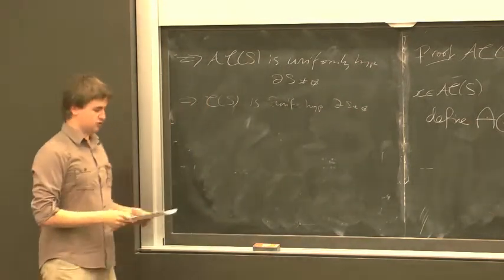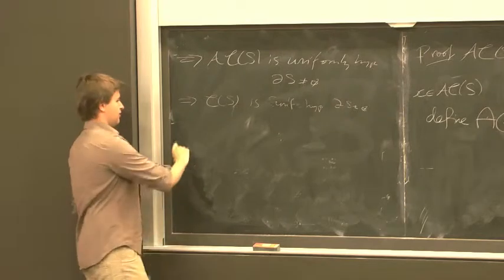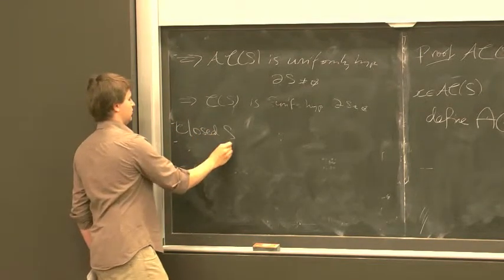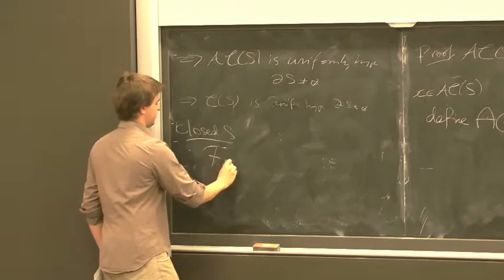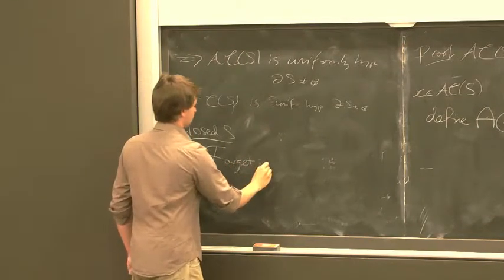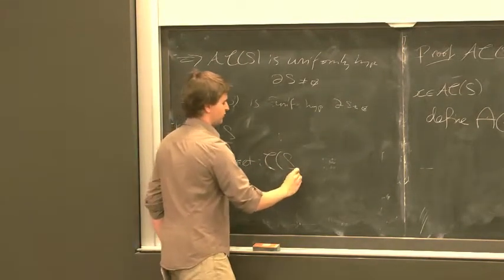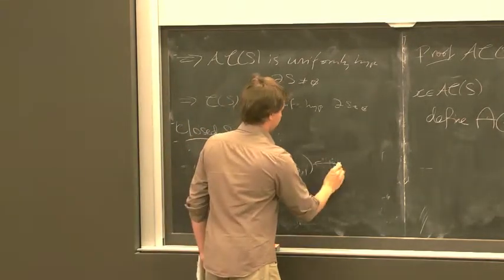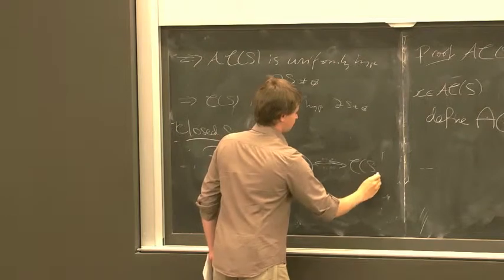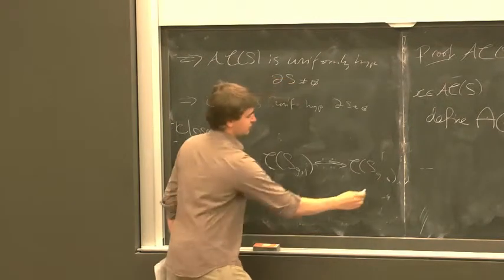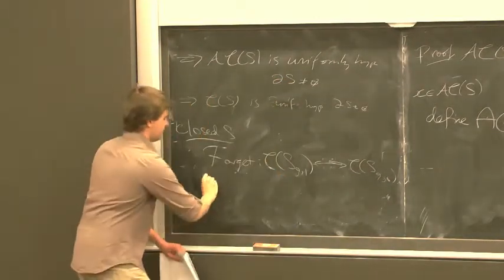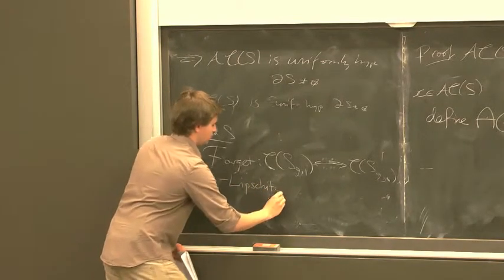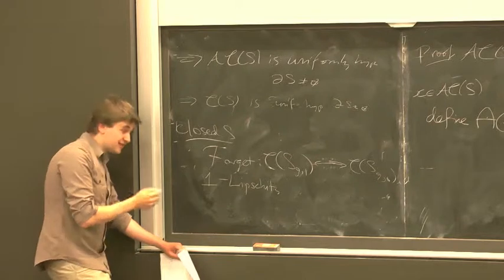And then the last bit's just a trick. For closed S, there's a forgetful map from the curve graph of the once-punctured genus g surface to the curve graph of the closed genus g surface. And this is 1-Lipschitz.